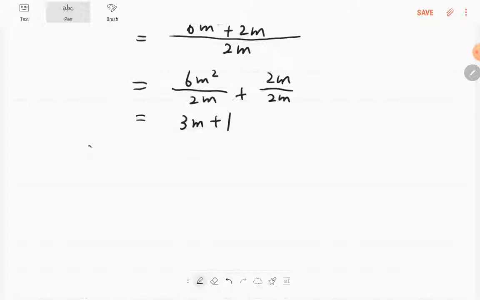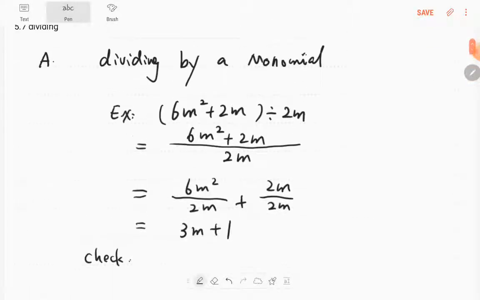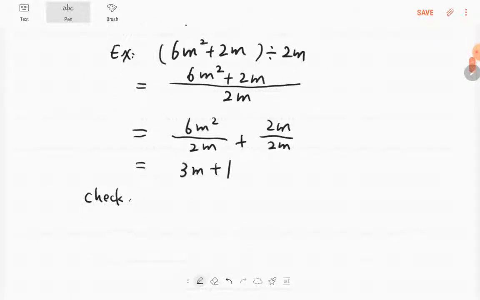Of course, we can always check the division by using the multiplication, right? So we only need to check the monomial times the quotient we have to see if we can get that binomial.